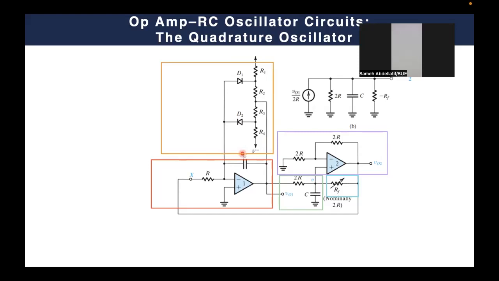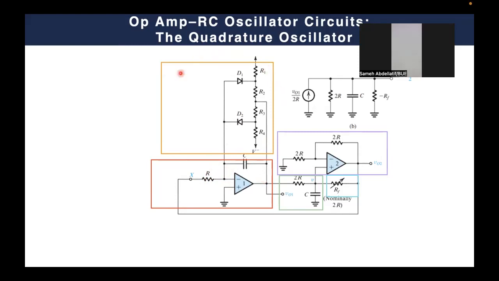We of course know the integrator. It's very easy. This point is ground, so this is a virtual ground. The current flowing in this resistance is the same as the current flowing in the capacitor. I believe that you can do it in a very easy manner. This is not a challenge.